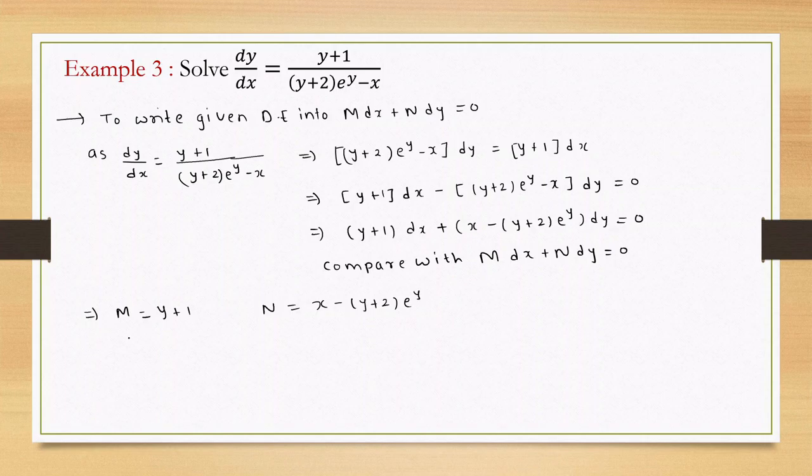For this, we need the dou M by dou y and dou N by dou x. Okay. So dou M by dou y means the partial derivative of M with respect to y. So it is 1, and dou N by dou x, that means the partial derivative of N with respect to x, is also 1.